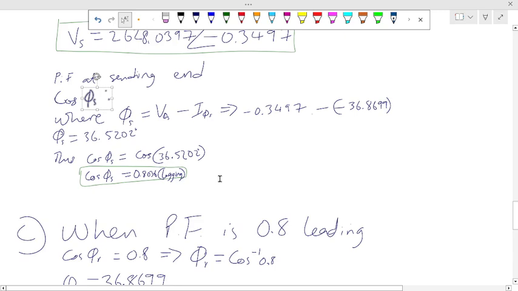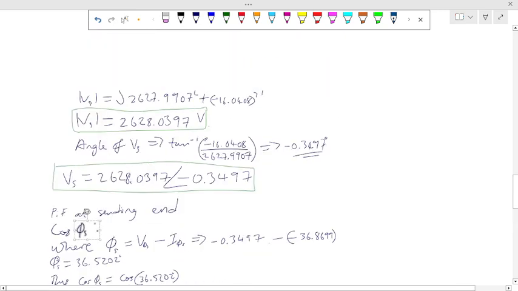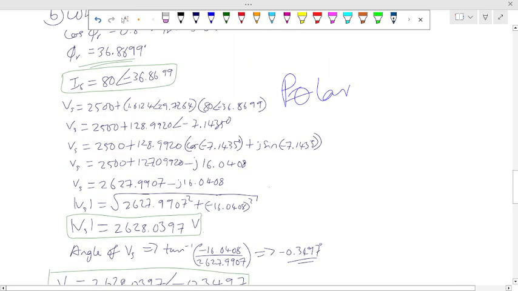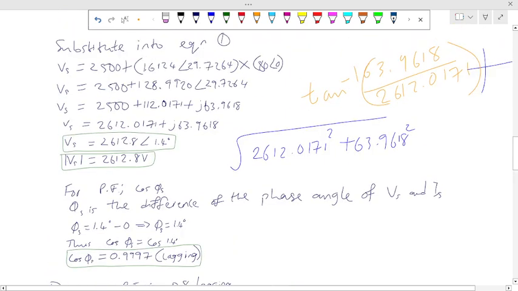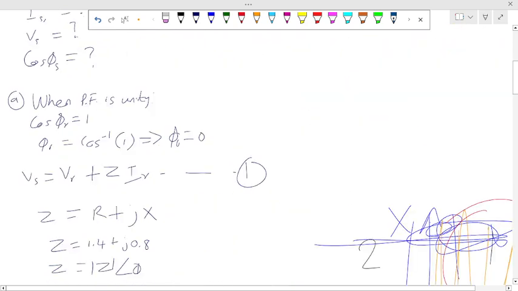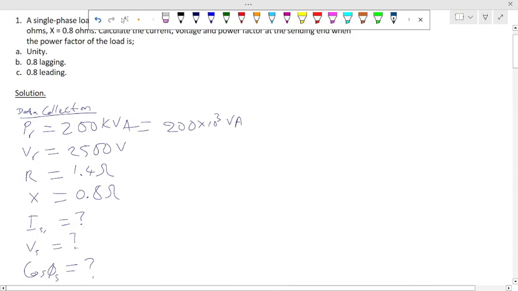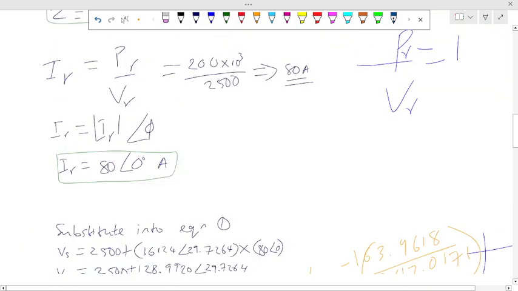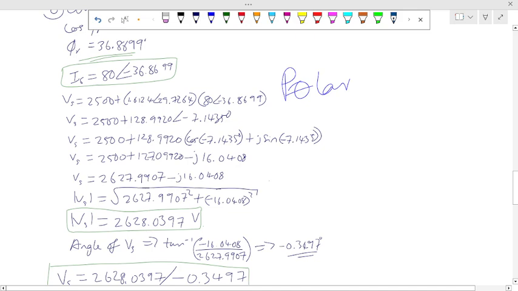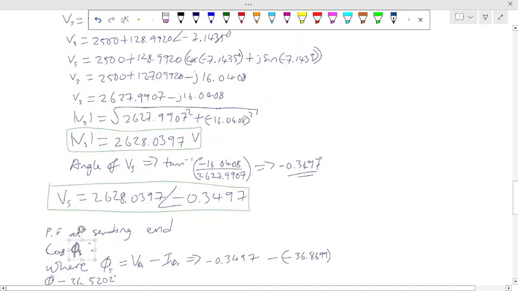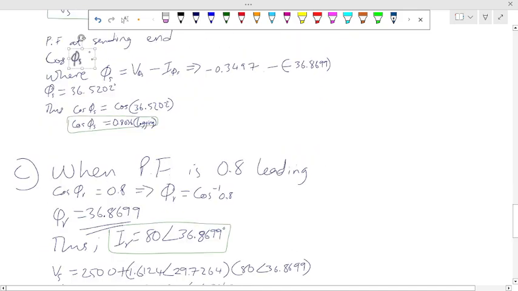So let's go into the C part and see if I can complete this. For the C part, what's the question? Scroll up. Yeah, the C part, which is the last part, 0.8 leading. Leading simply means the same process, exactly the same.